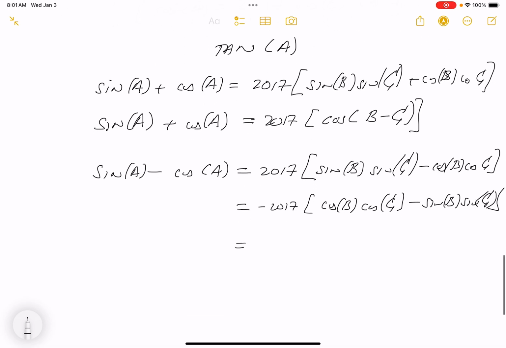All right, let's write this over here. So that's minus 2017, and that's going to be cosine of B plus C. This is a little more encouraging.